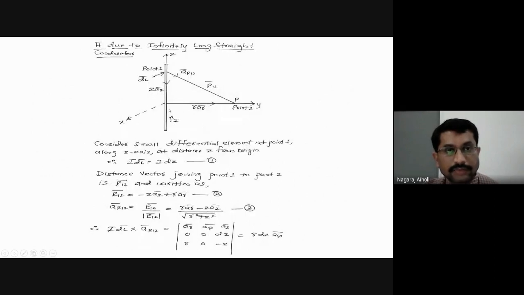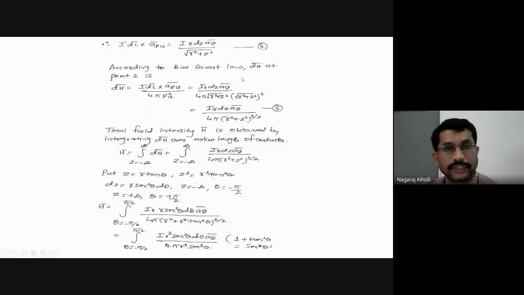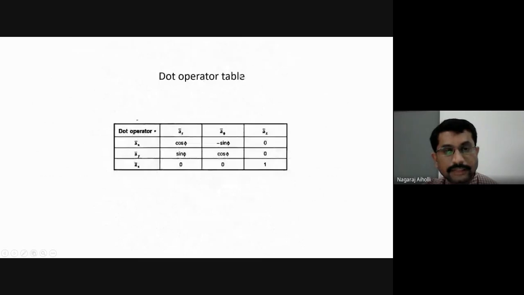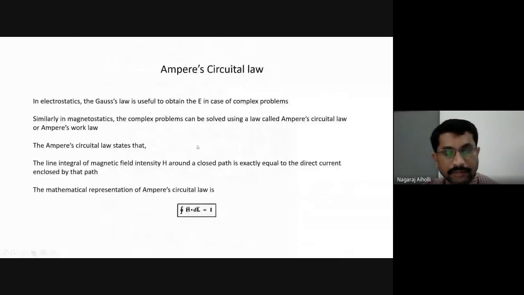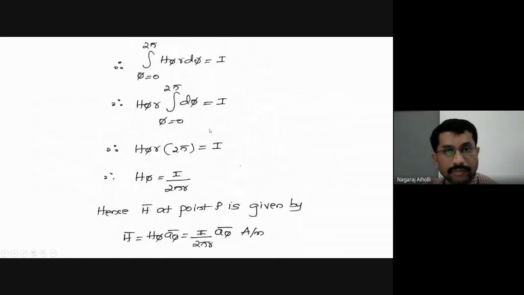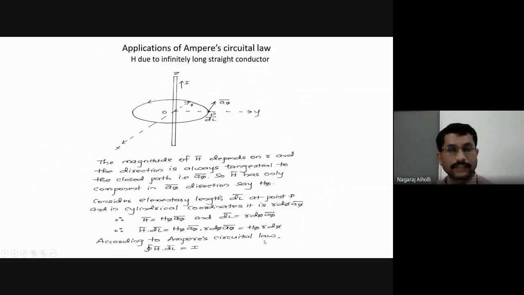Now the same H bar equation for an infinitely long straight conductor using Ampere's circuital law. Using Ampere's circuital law, we also get the same equation as that we got for Biot-Savart law. That is H bar is equal to I by 2 pi R A phi bar ampere per meter. This is for the infinitely long straight conductor which is placed along the Z axis, but using Ampere's circuital law. Clear here, students? This derivation is clear.